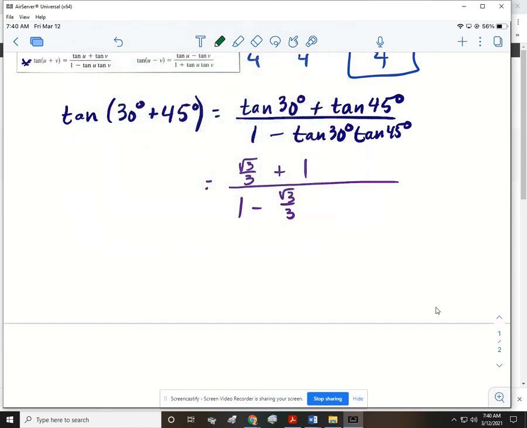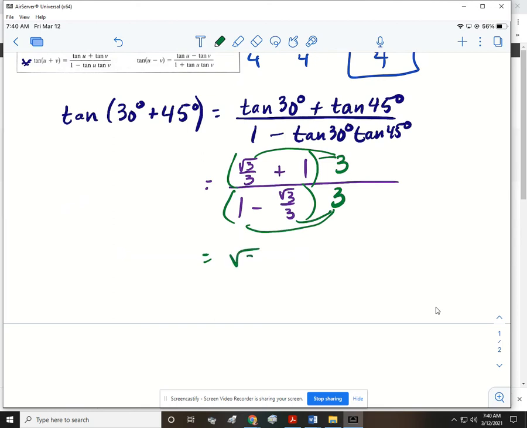All right, so this is one of the ones where I have a fraction inside of a fraction. And so what I'll do is I'll just multiply through by the 3. So we'll distribute it on the numerator and in the denominator.